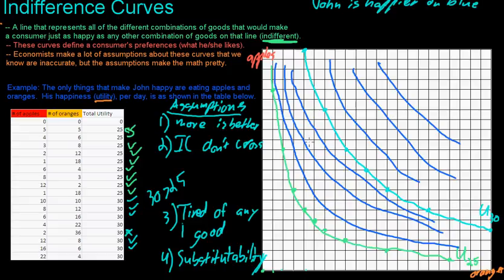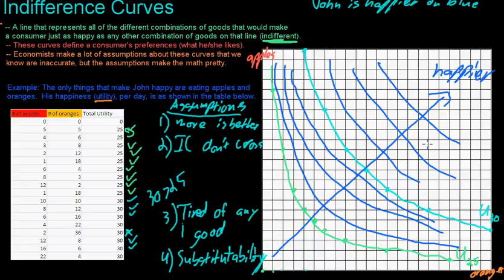Because every single combination of apples and oranges gives John some level of utility. And finally, the more you go in this direction, the happier John is. As you go to the northeast, or the top right corner, the happier and happier John is, because he has a higher and higher level of utility. Again, 30 is bigger than 25.